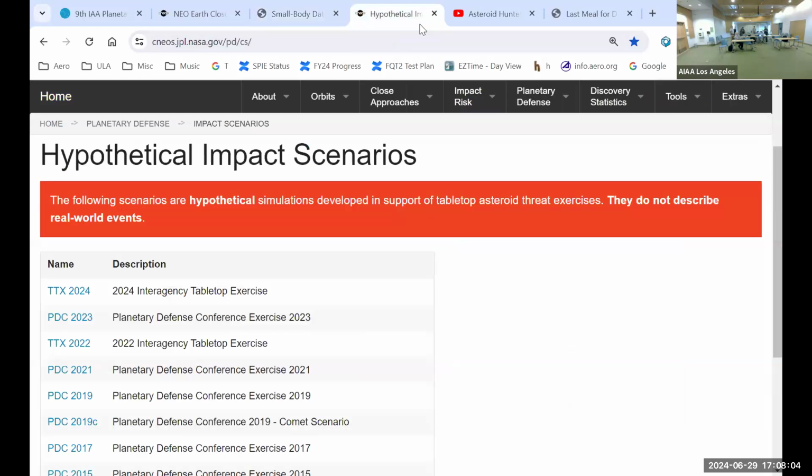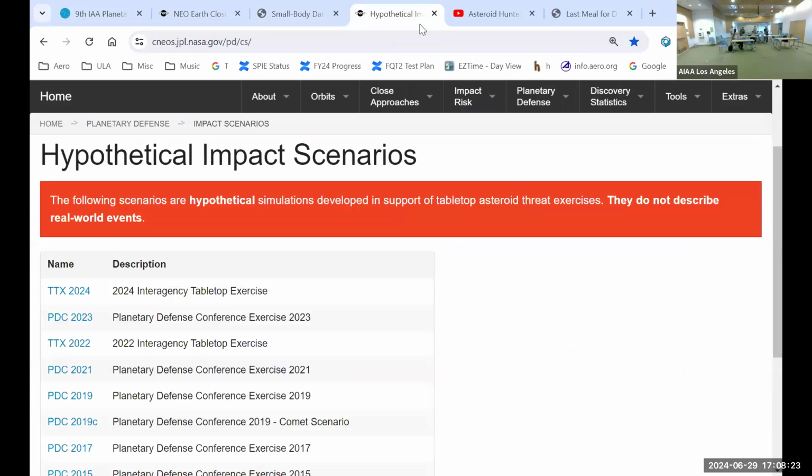Because we are having so many objects out there that we saw and growing, we are designing exercises every conference to practice the process that would be applied when an object is discovered aimed at the Earth.